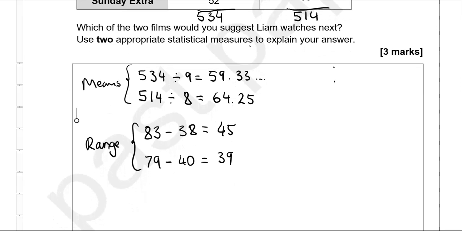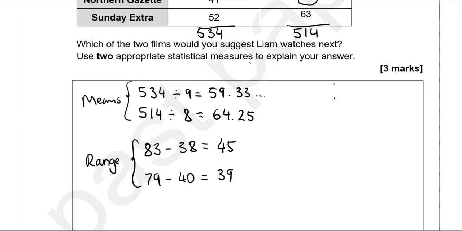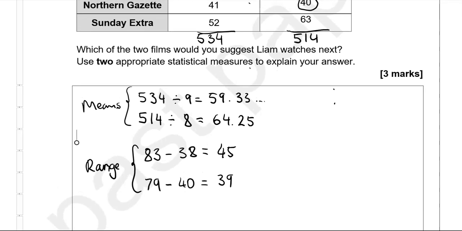Now, in terms of making a decision, we're looking for the highest mean and the lowest range, because highest mean means on average having a higher score, and the range means if it's lower, it means less variation, which is a good thing. So looking at the means, this is higher, and looking at the range, this is lower.